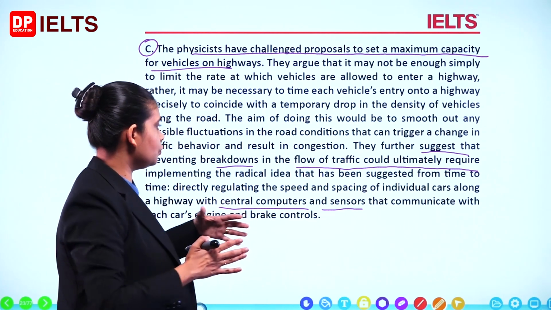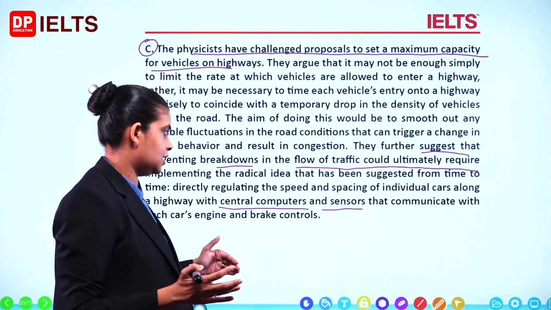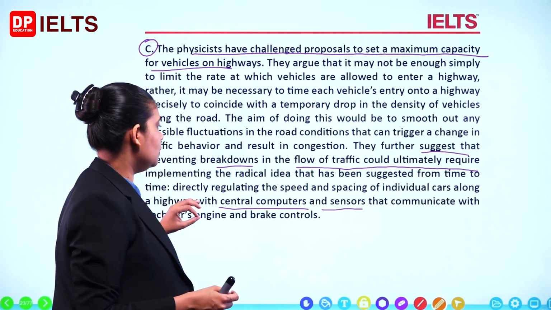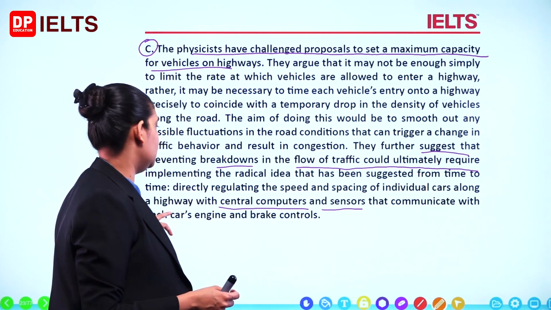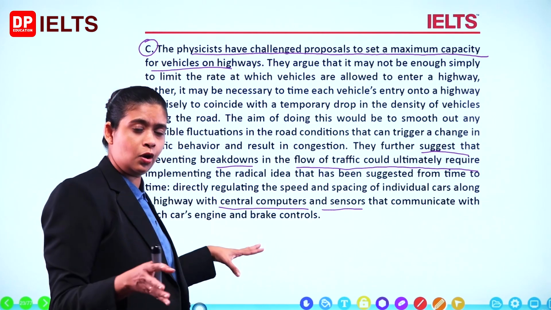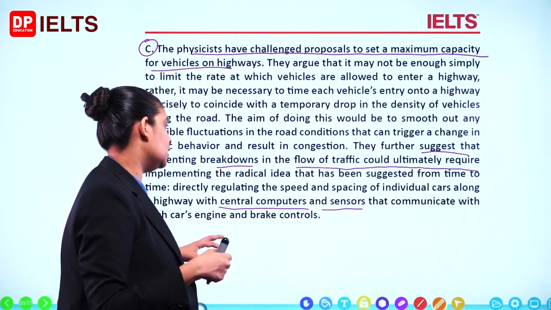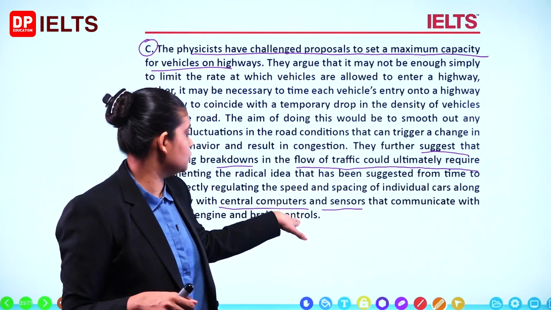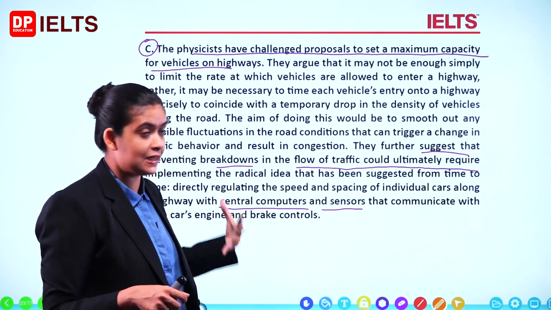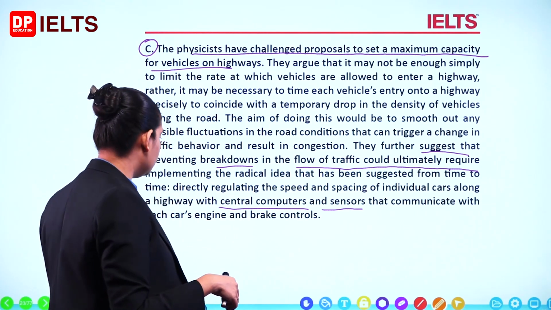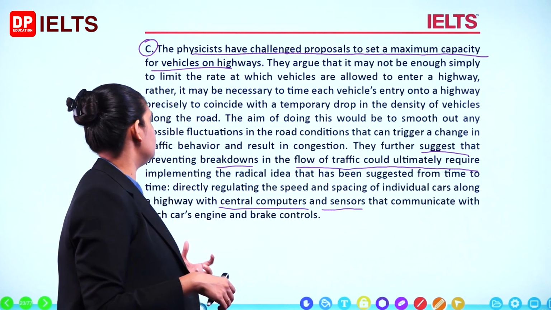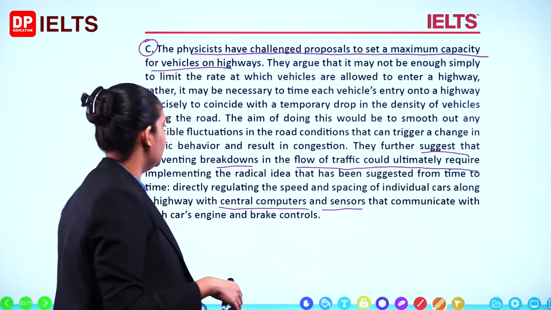So what do they take over? They say to control the traffic flow and the breakdowns, regulating the speed and spacing of individual cars should be done along with the human touch? No. Through computers or technology, by using central computers and sensors to communicate with each car's engine and brake controls, right?